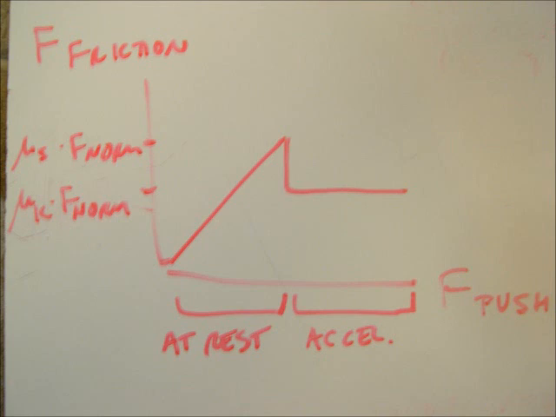That is equal to another constant, mu sub s, s for static, times the normal force. So in this case, we need to find out, for the file cabinet tilted at 20 degrees, how much friction is there? And is it too much for the static friction force?